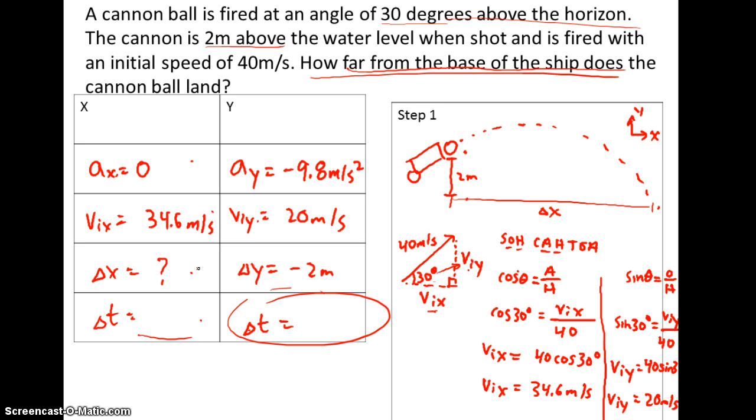So let's see what equation is going to work for both of these situations. If you take out your kinematic equations, you'll find this one. This has all 4 variables. So we're going to plug in our values and get t all by itself.